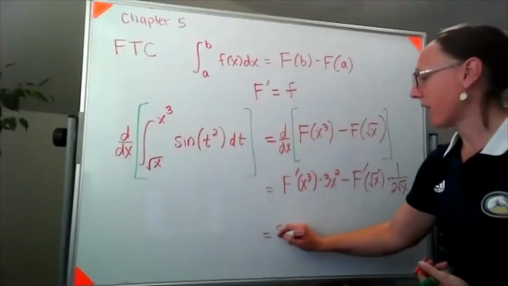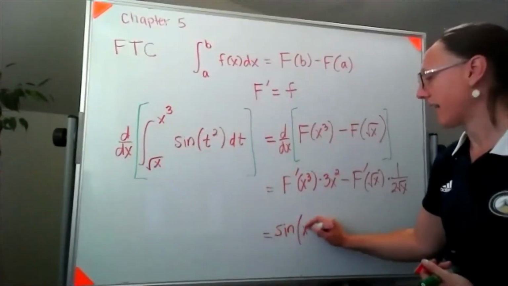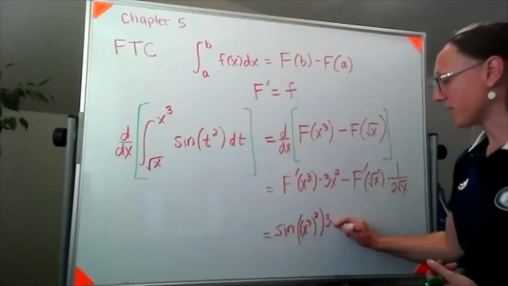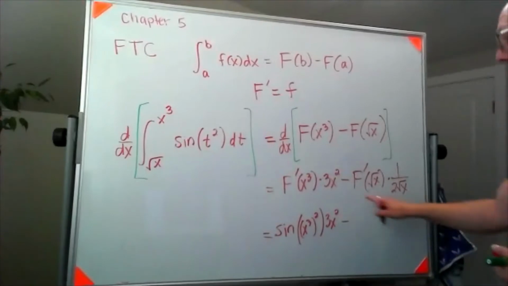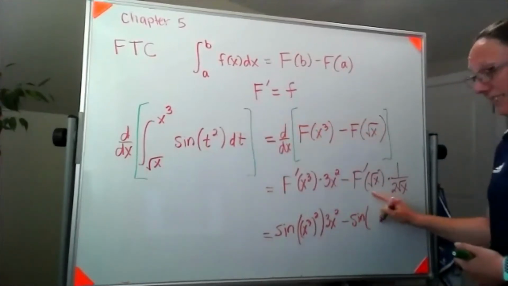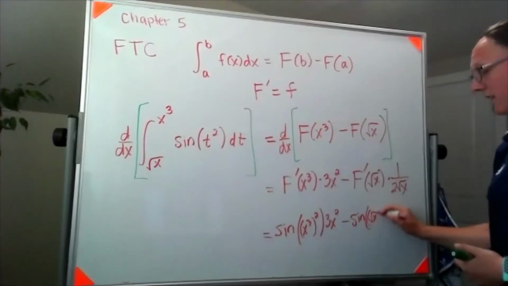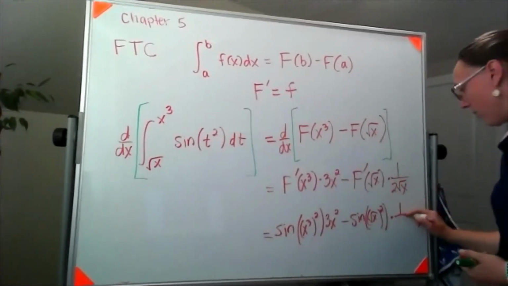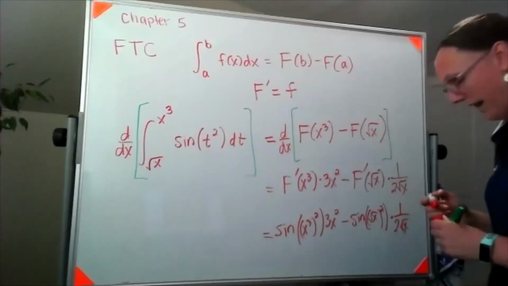So I'd end up here with sine of x cubed squared times 3x squared minus sine of the square root of x squared, times that chain rule piece, 1 over 2 root x.